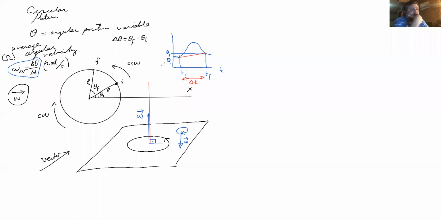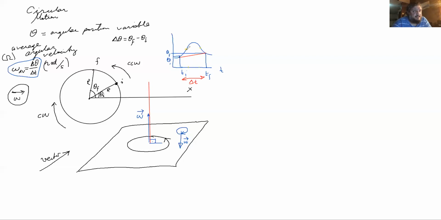be your angular velocity. Now, what if you look at this event within a shorter time frame? What if you pick this point here and then this as your initial and final data points? Point right there and then right there.